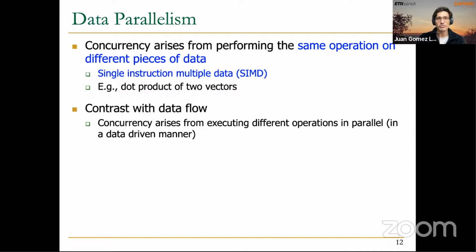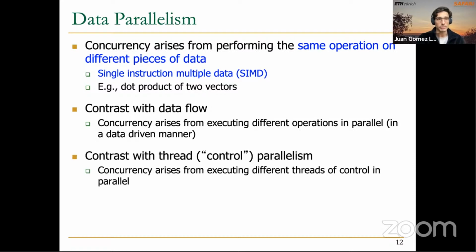Notice that this is different from other types of concurrency. For example, data flow. In data flow execution, concurrency arises from executing different operations in parallel, so it's more exploiting task level parallelism instead of data level parallelism. SIMD is also different from thread or control parallelism, where concurrency arises from executing different threads of control in parallel.